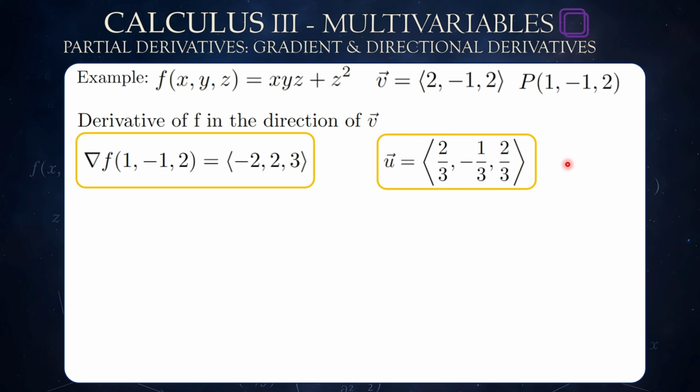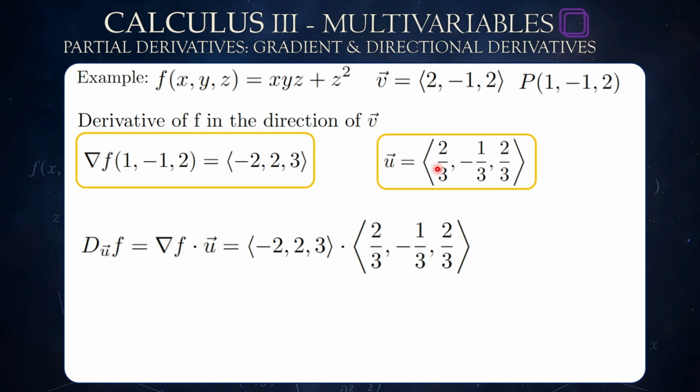So the dot product of both of them gives us the directional derivative. Okay, so nabla f dot u is equal to (-2, 2, 3) times (2/3, -1/3, 2/3), equal to minus 4/3 minus 2/3 plus 6/3, which is 0.